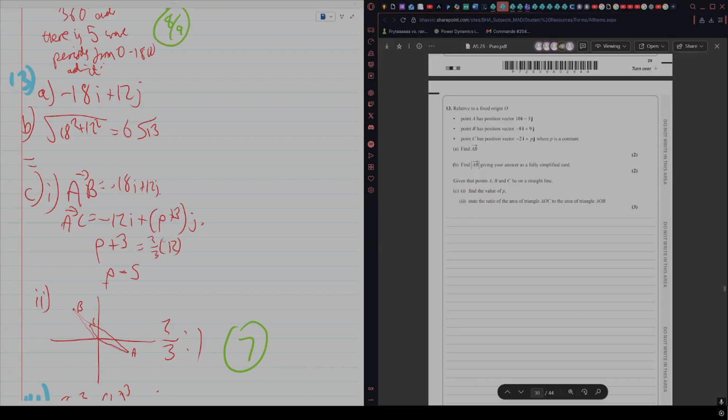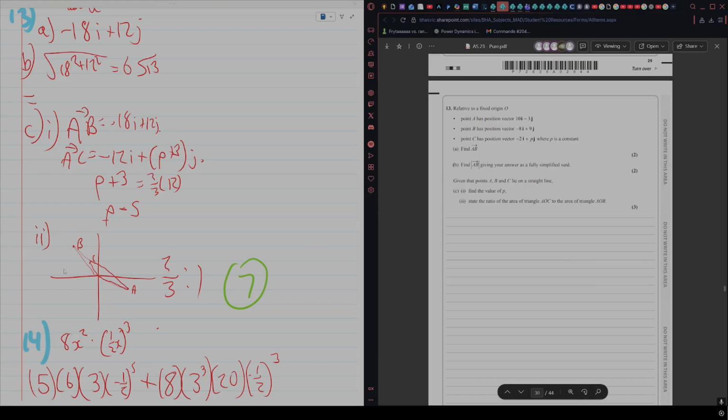But you know that the j component must be P plus 3, because that's just from A to C. So you can use this to solve for P, because P plus 3 must be a scalar multiple of 12, and you know the scalar is 2/3, because going from negative 18 to negative 12 is just 2/3. So P plus 3 must just be 2/3 of that value, which means you get P equals 5.